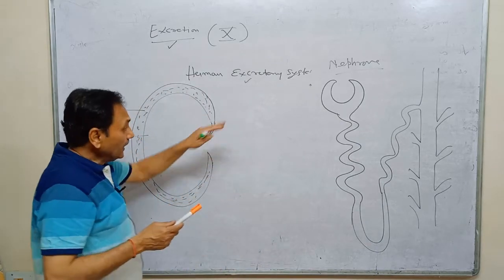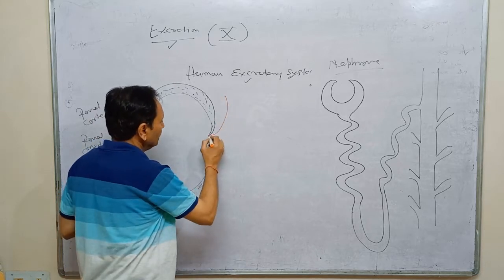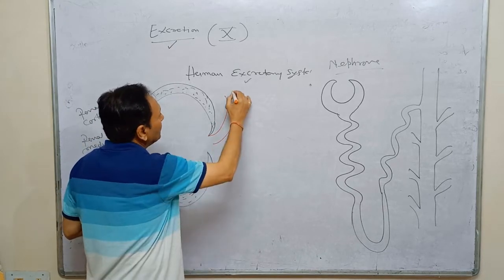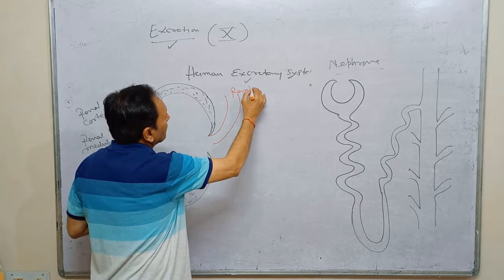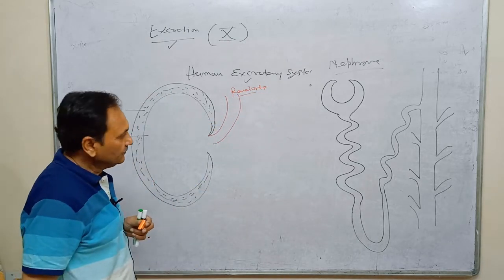We have studied that each and every kidney receives the renal artery.